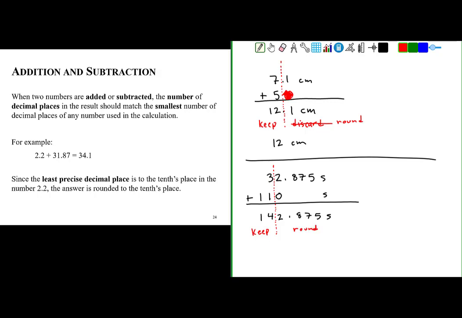So in this example, our result would be 140 seconds, because we are rounding to the nearest tens place, because that's where the uncertainty is in our second number.